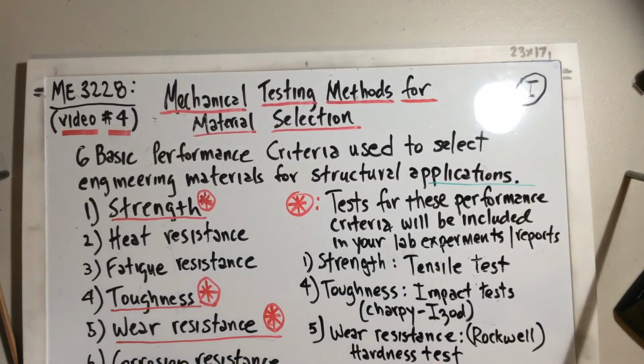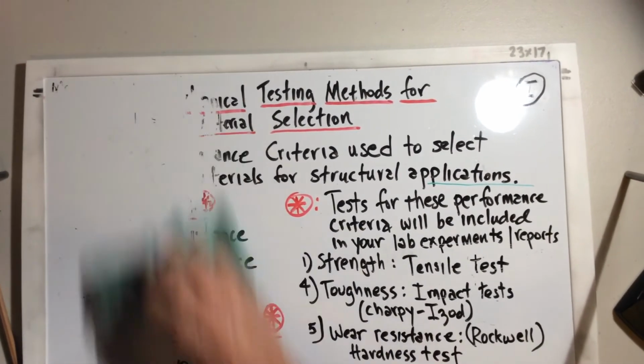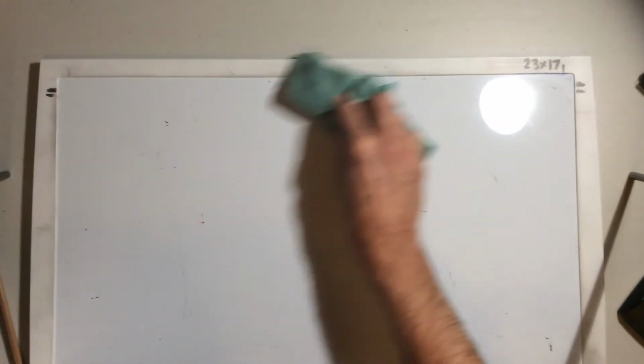I need to take a minute and erase this board here briefly and talk about the actual tests, the strength tests, that you can use some of this information for, of course, for your reports.